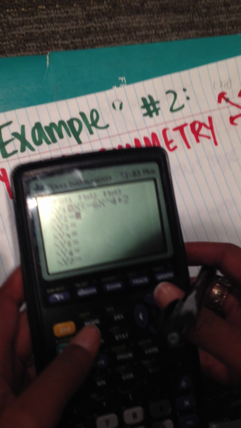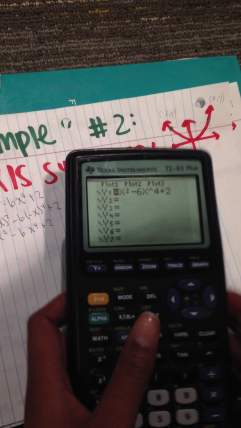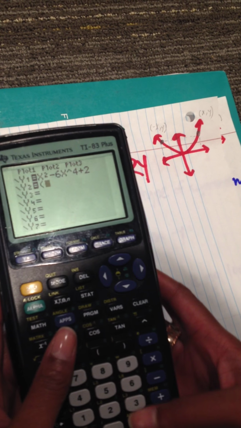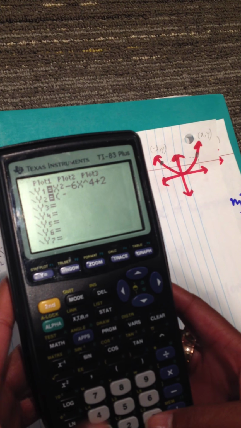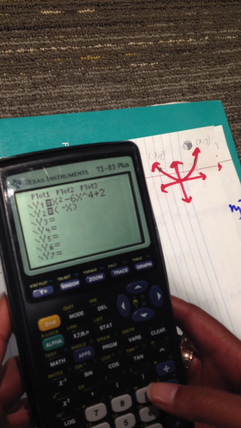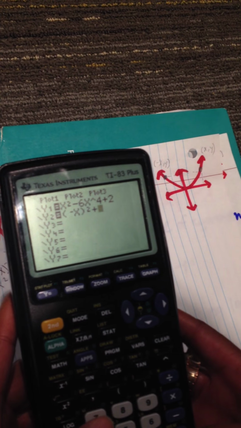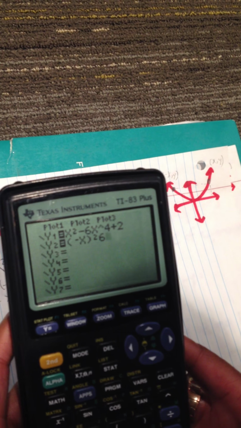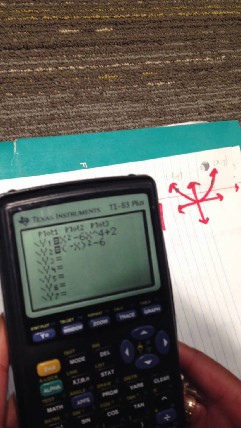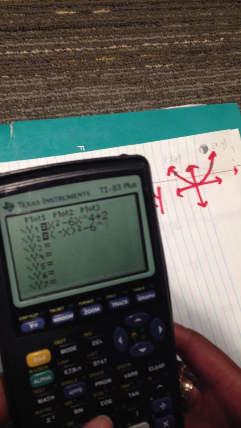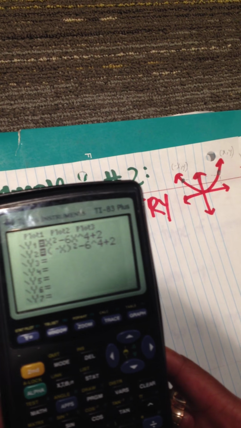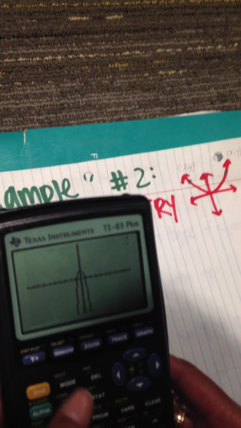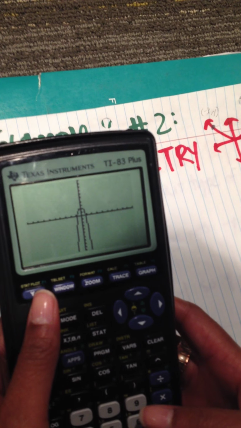And then if we put in our new equation, negative x squared minus 6 to the fourth plus 2, that will give us the same equation, or the same graph.